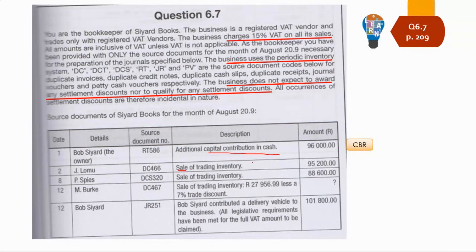So sale of trading inventory, this would be on credit. To what journal would you take this? If DC relates to your debtors and DCS relates to your cash, what journal would we take it to?